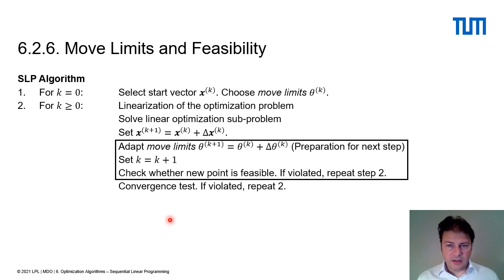Then you increase your iteration index, and you check whether you end up with a feasible point. If you didn't, you have to go back to 2. And if you did, you can check convergence.